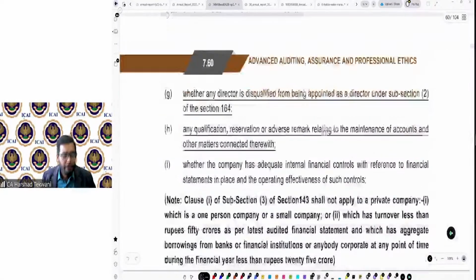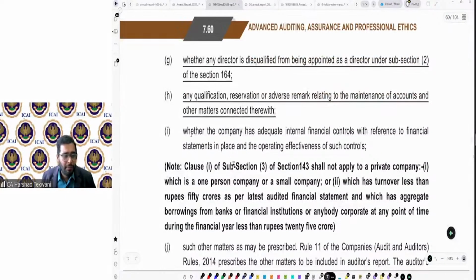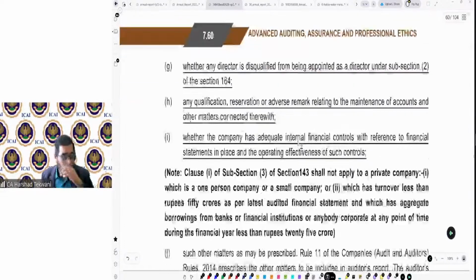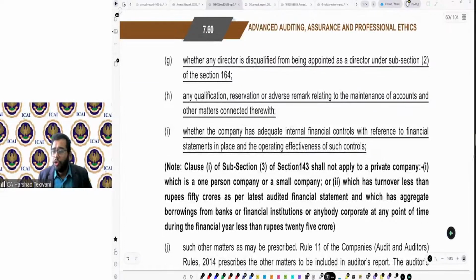Next part, whether the company has adequate internal financial controls with reference to the financial statements in place and the operating effectiveness of such controls. Okay, however, this is not applicable to certain kinds of companies.